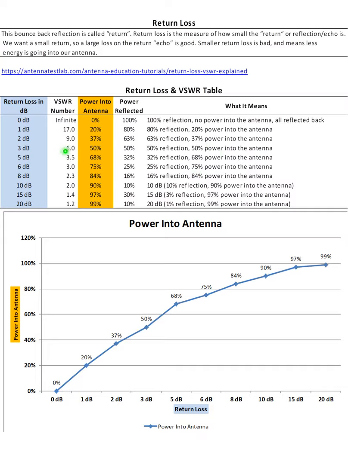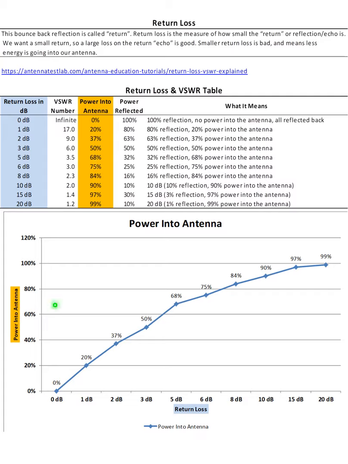So we continue to decrease the standing wave ratio number, and the return loss increases. And this gold band here shows you, at what dB reading you have, how much of the power is getting to the antenna.